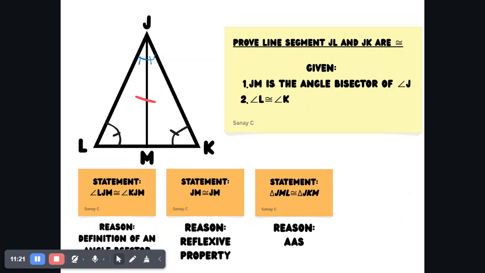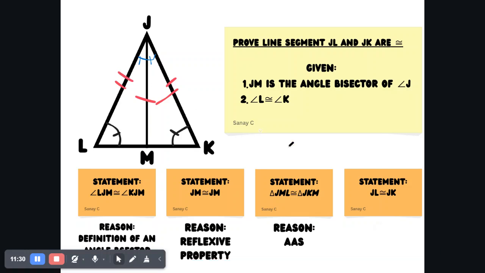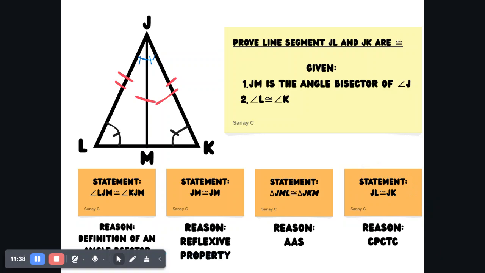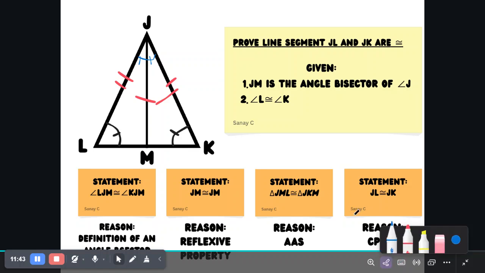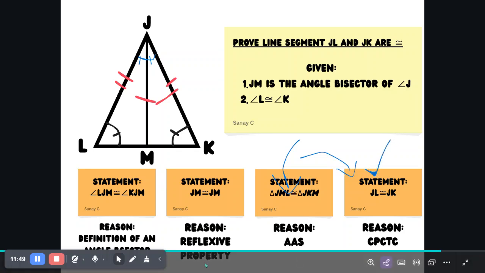So basically, now that we've proven this, we can finally prove that line segment JL and JK are congruent because of CPCTC, which any line segment or angle can be congruent after a triangle congruence postulate is used. So now that we proved this, we know that this is correct.